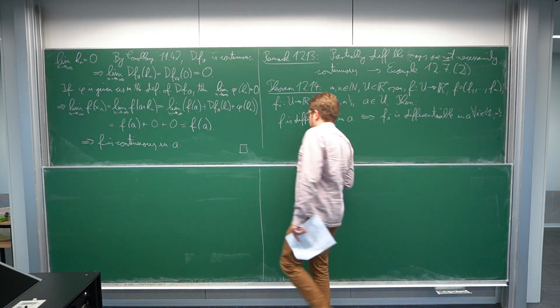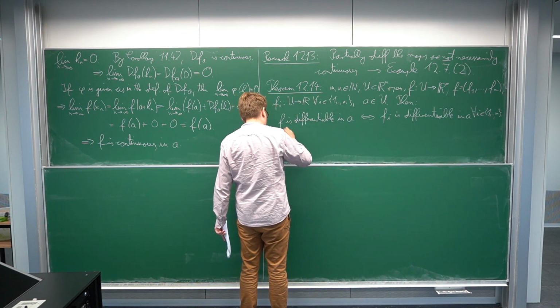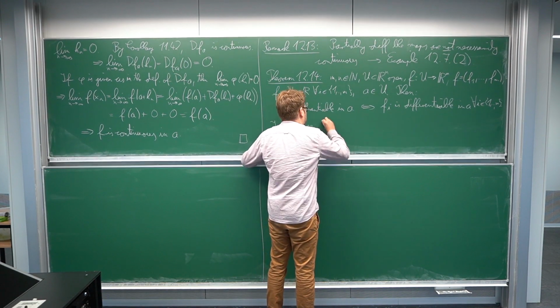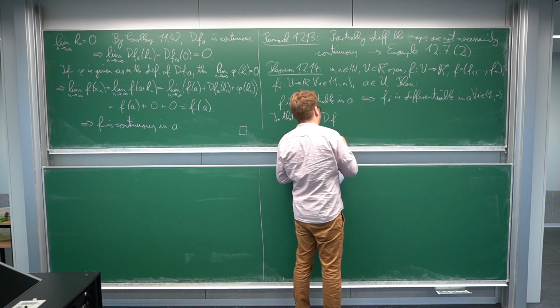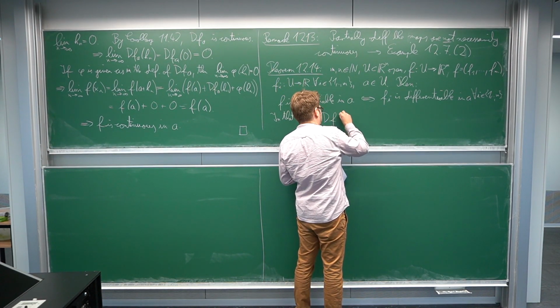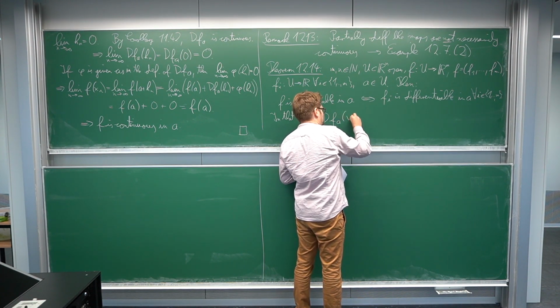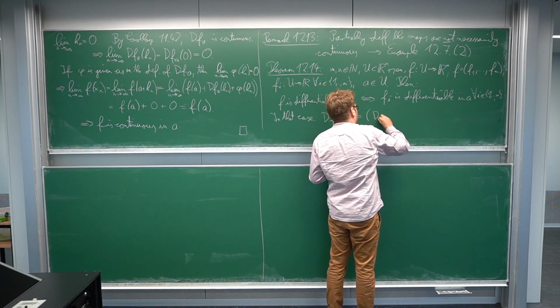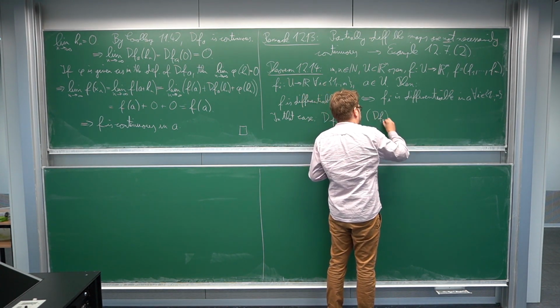Okay, and if we have differentiability, then also differentials behave well. So in that case, the differential df, so df_a evaluated at some vector v in R^n, this is the same as just taking component-wise differentials. So df_1 of a.